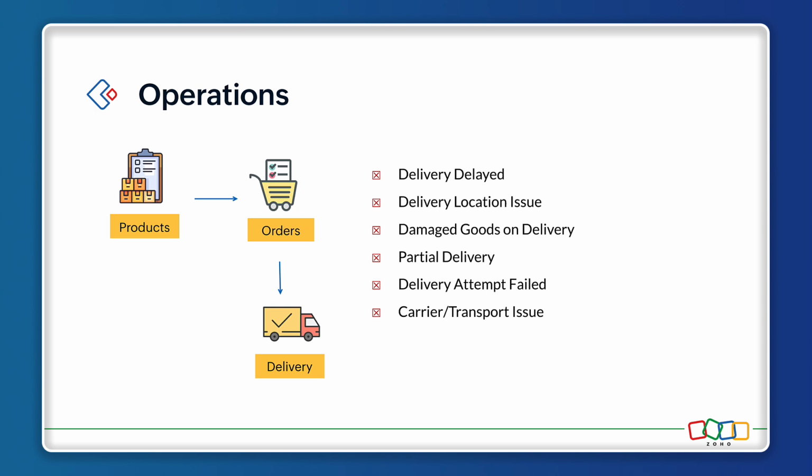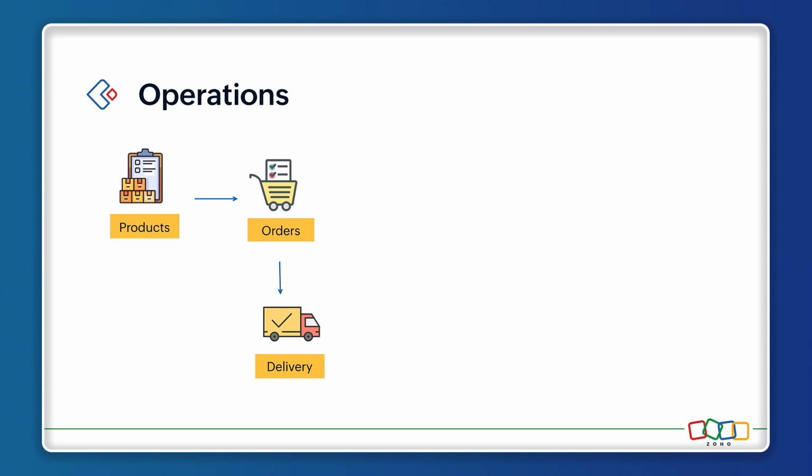Now we know a few of the exceptions that can happen in the order module and the delivery module. So now we will make use of the model we discussed in the previous slide to identify the exceptions in this order management and resolve them in a more structured way with the help of Zoho Creator features. The first and foremost step is detection.